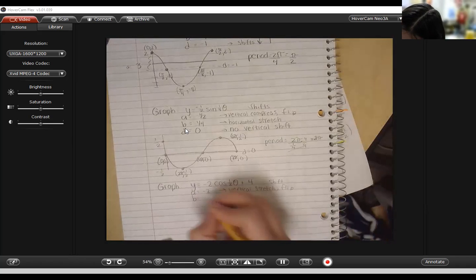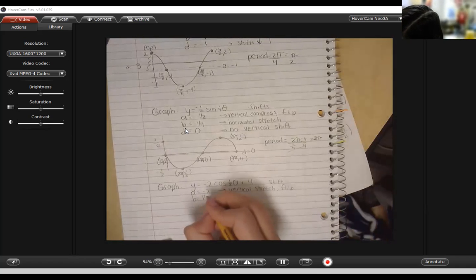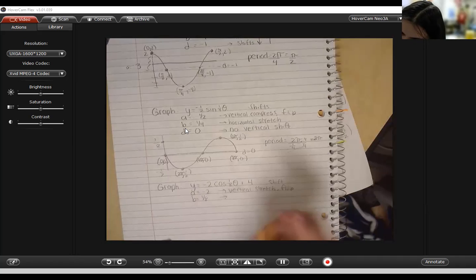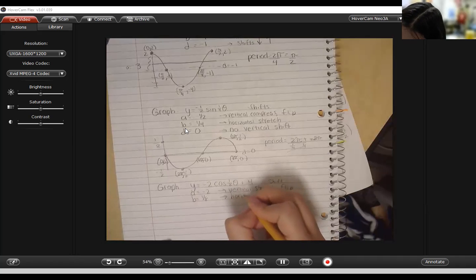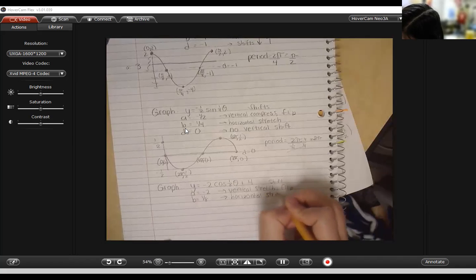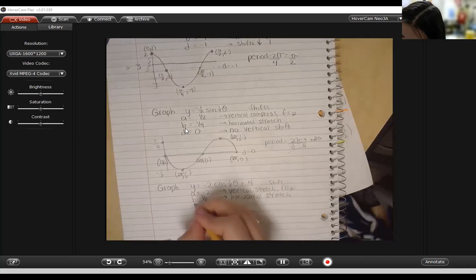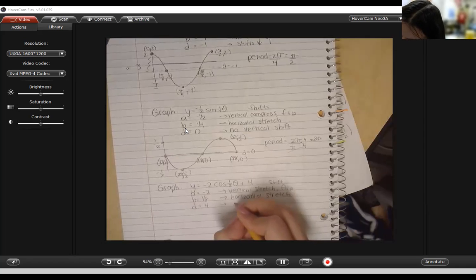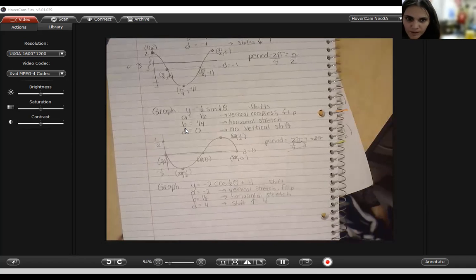My B value here is 1/8, and I learned that when I have a fraction B value, it's a horizontal stretch. And my D value here is positive 4. So I'm going to shift the whole graph up by 4, and that's my midline.